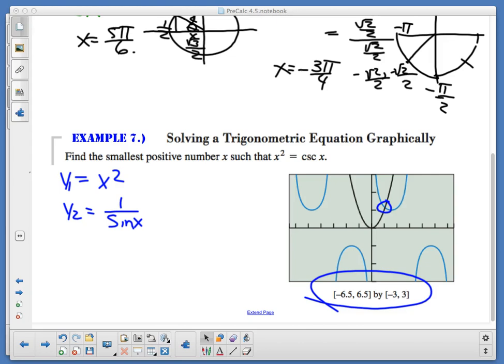Now, the reason I'm doing it this way is they ask us to solve it graphically. So I'm just doing what they told me to do. I just want to make sure we bring back the stuff that we already know how to do, and we don't have to do anything new.